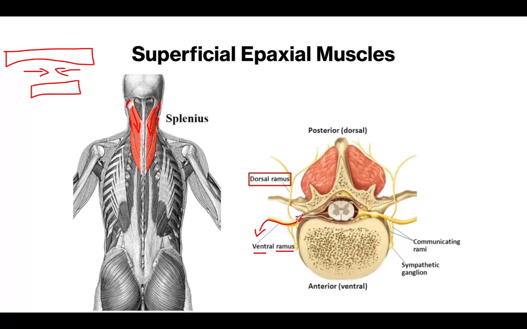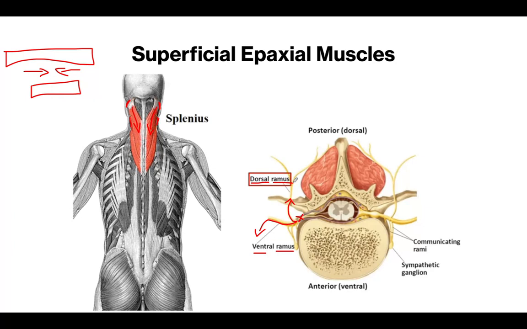Then we have, again, the X is representing the spinal nerve. After the spinal nerve, we also have another branch that extends dorsal, that goes posteriorly. And again, ramus is a singular term. So for the innervation of splenius, we have cervical and thoracic dorsal rami.